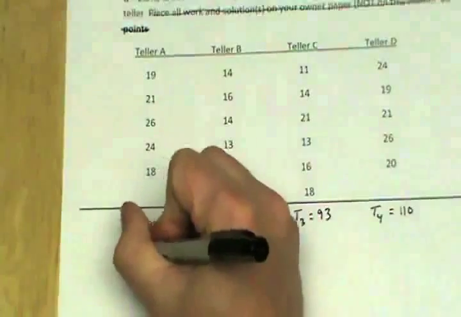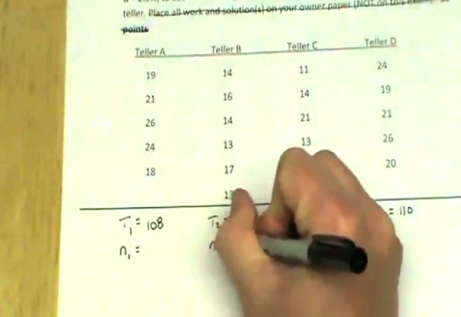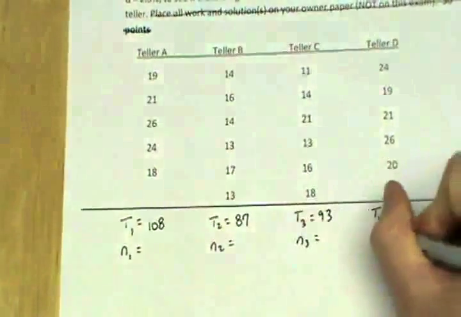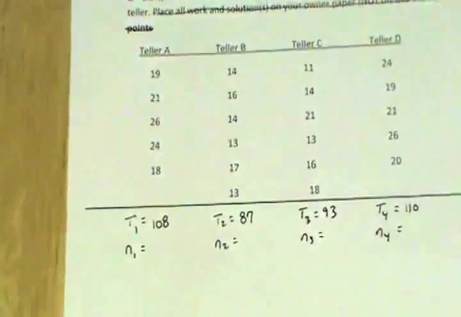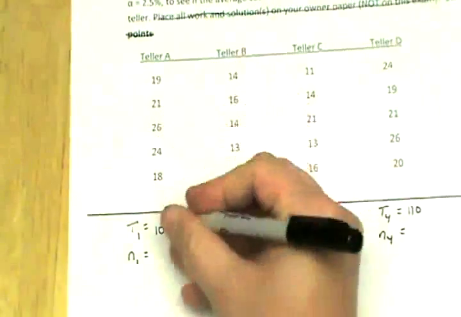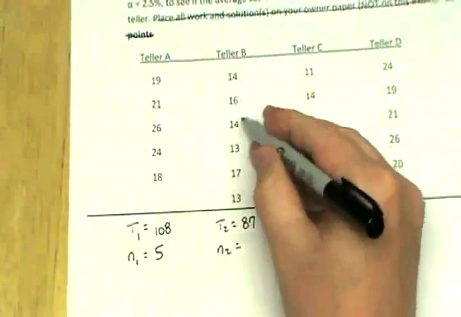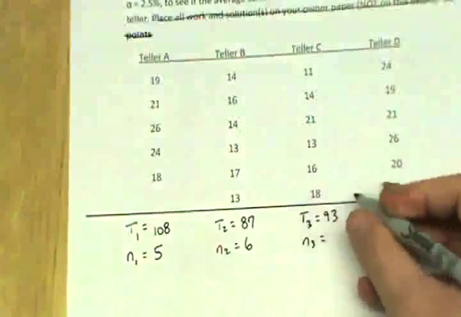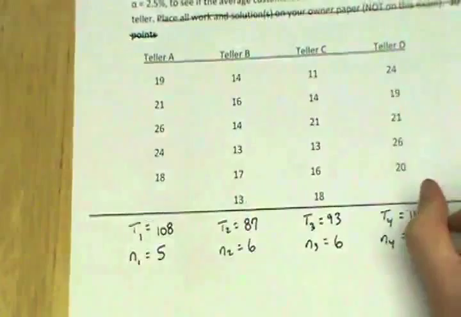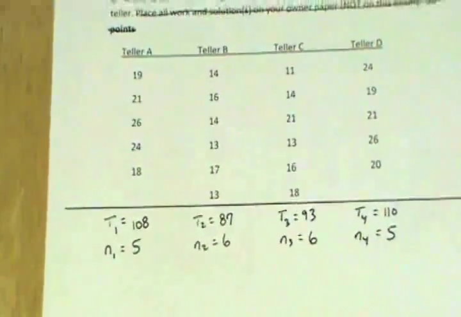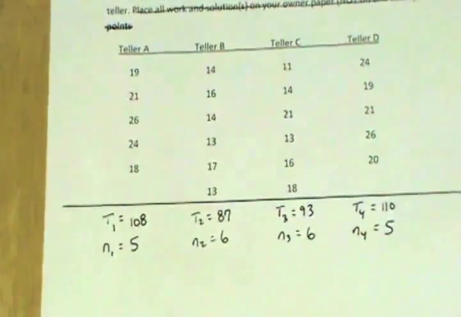Then we want to find the number of data in the first column, second column, third column, and fourth column. So we have 5 pieces of data here, 6 pieces, 6 pieces, and 5 pieces. Now we want to find 5 things.